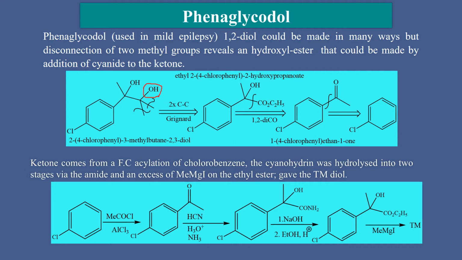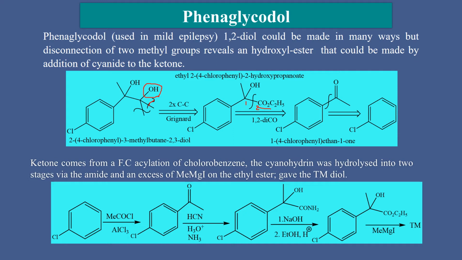Remember that most of the time a tertiary alcohol is prepared by the Grignard reagent. So these two methyls are disconnected to obtain this carbonyl, that is ester, and then there is a 1,2 relationship of this OH-containing carbon and this ester carbon.